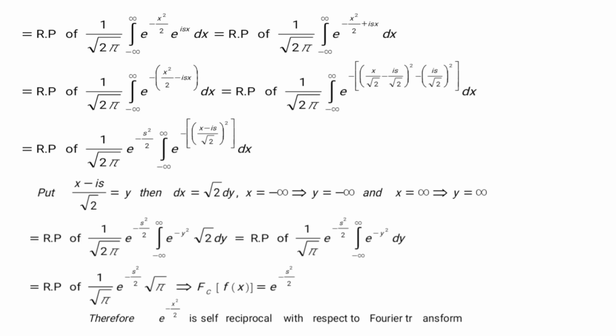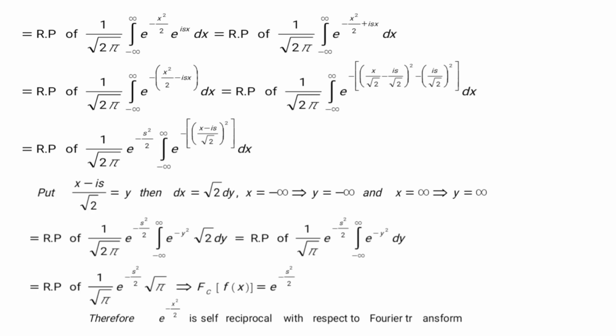So the real part of 1 by square root of 2 pi into e power minus s square by 2, the integral from minus to plus infinity of e power minus y square into square root of 2 dy, equals 1 by pi into e power minus s square by 2, the integral from minus to plus infinity of e power minus y square dy, since the root 2 cancels.